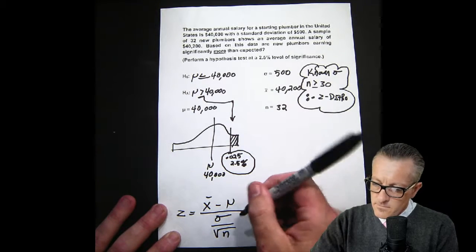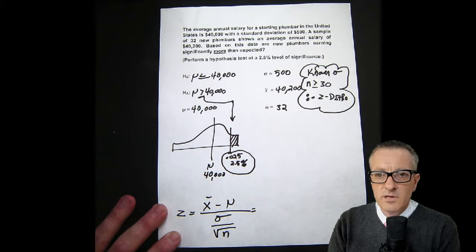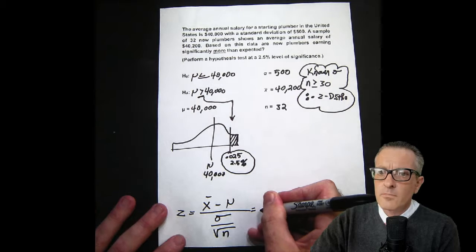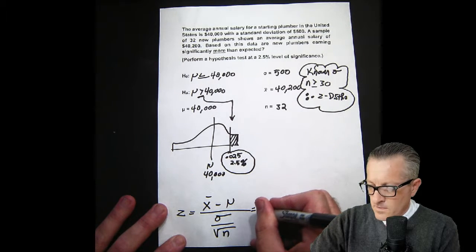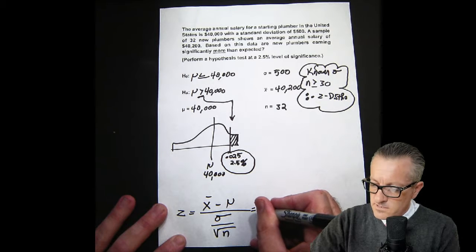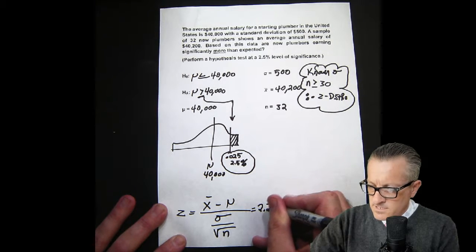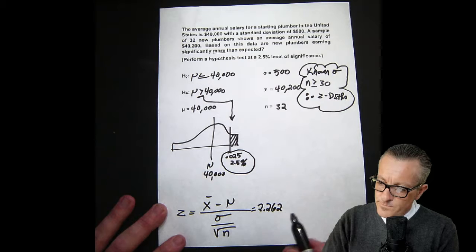And I'm going to jump to the ending value because I don't want to elaborate on this part. But the z-score that we end up getting, this is what we call our calculated statistic, is 2.262. The last 2 is probably not as important, but 2.262.